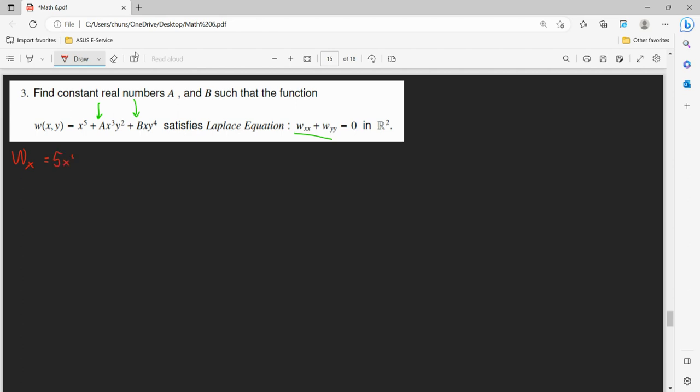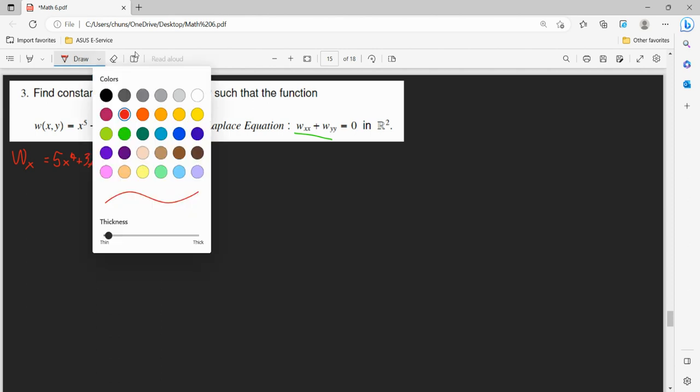So this is 5 times x to the 4 plus, and this a and y are both going to be treated as our constants. And this is times 3, because that 3 is going to come down from our x, and it's x squared, plus, and this x is only to the power 1, so the x goes away, and that leaves us with that.